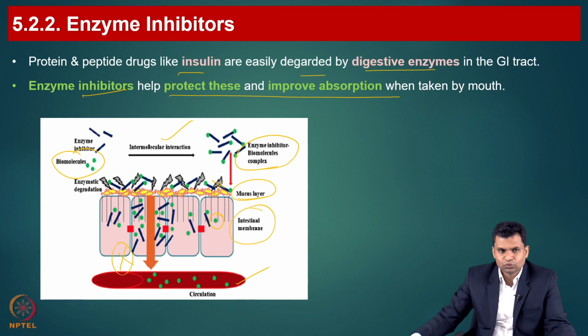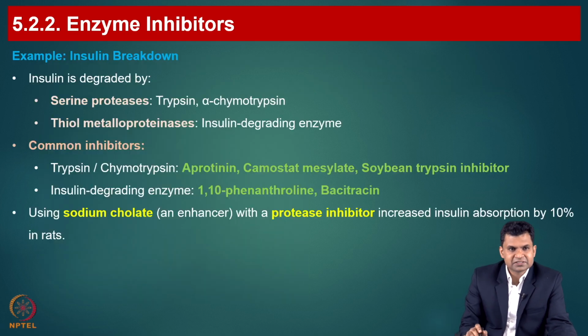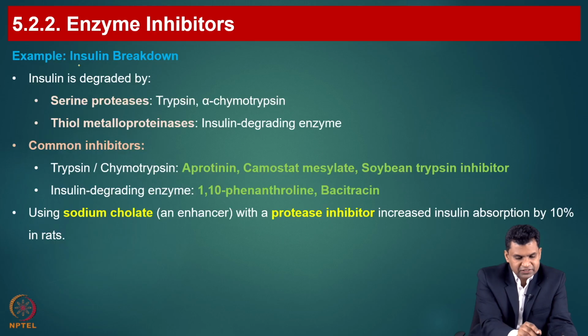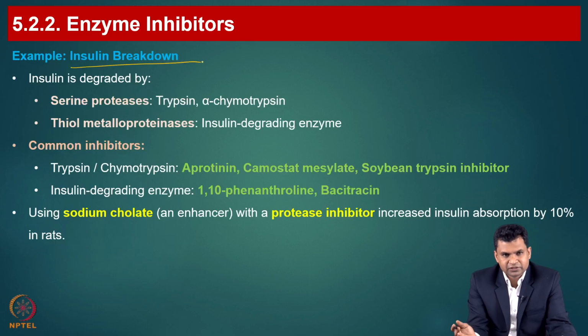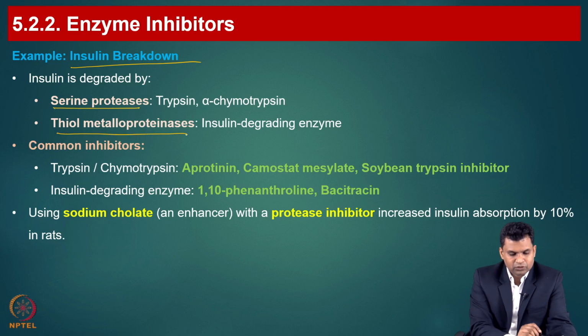So, with this we can use various types of enzyme inhibitors. Now, you can see insulin can be broken down into various amino acids, and serine protease and thiol metalloproteinase lead to the degradation. These are the inhibitors you can use for trypsin, chymotrypsin, and insulin degrading enzymes.